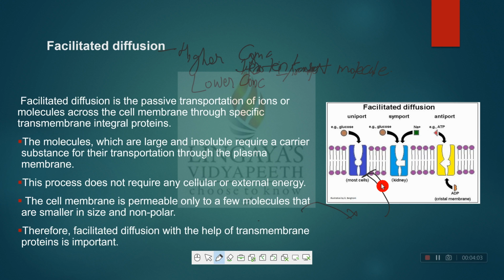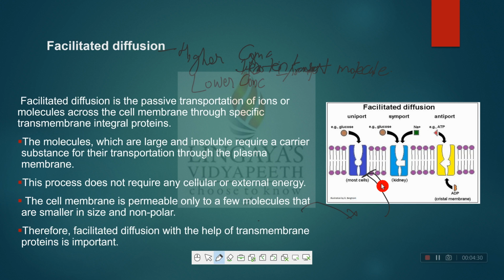Alright. So let's have a look at the characteristics of facilitated diffusion. It is a type of cellular transport where substances move along their concentration gradient. The difference in concentration between areas creates a gradient that incites substances to inherently move and be distributed between two areas to achieve equilibrium.